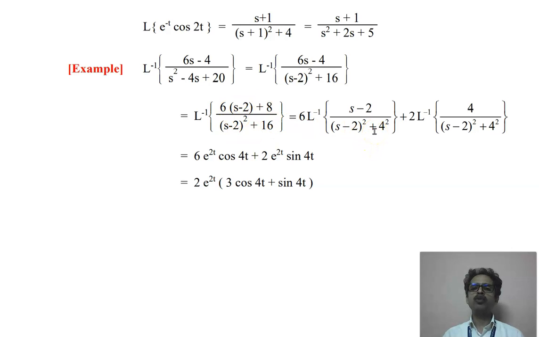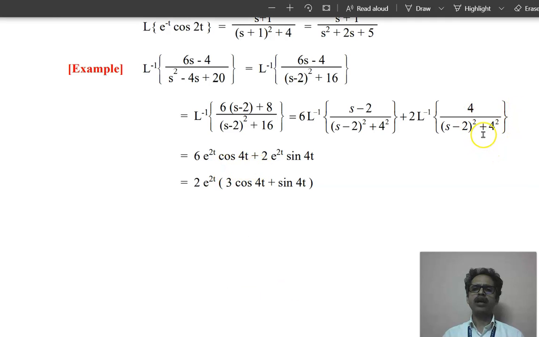We are in a position to apply the first shifting theorem for the inverse Laplace transform. So we have 2 terms here. Apply it here, and you can see that a is 2 in the first term, and also in the second term. So it is 6 e raised to 2t, and by shifting this becomes s upon s square plus 4 square, and that is nothing but the inverse Laplace, cos of 4t.